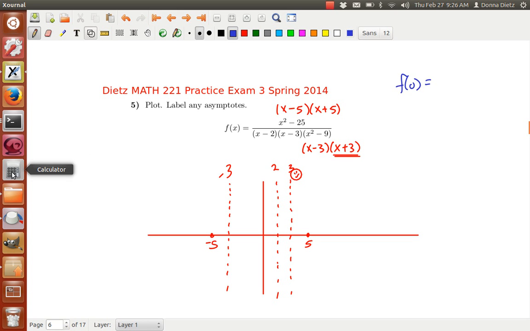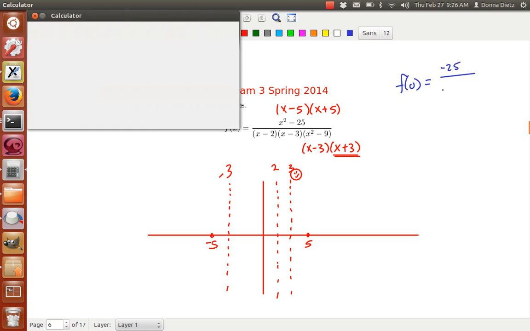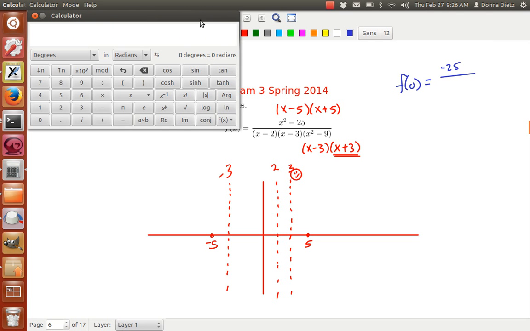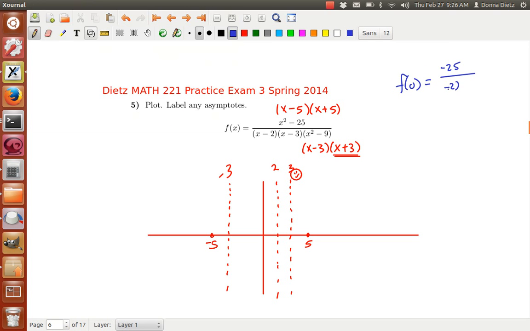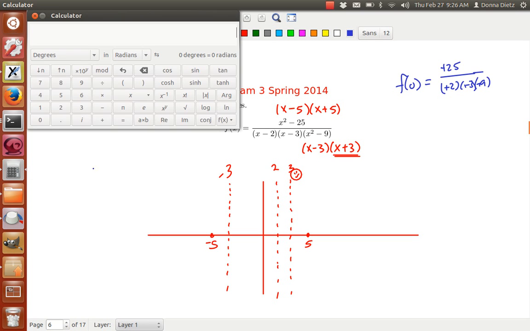So you're going to end up with minus 25 over minus 2 times minus 3 times minus 9. That's what it's going to be. All those negatives are going to cancel out, so it's positive. That's what's most important. But 3 times 9 is 27. What's 27 times 2?